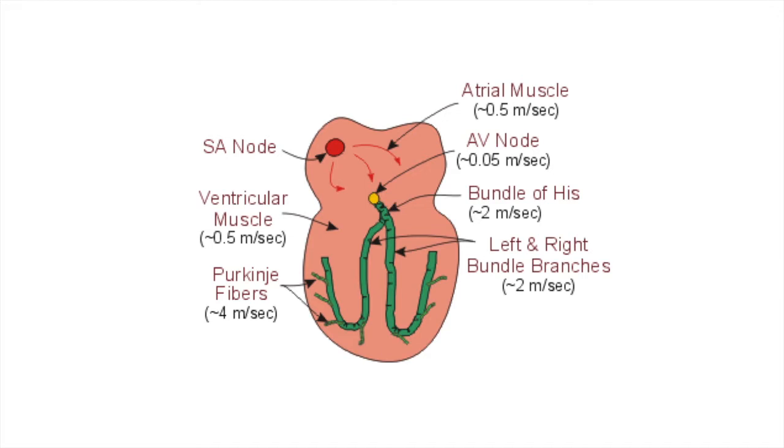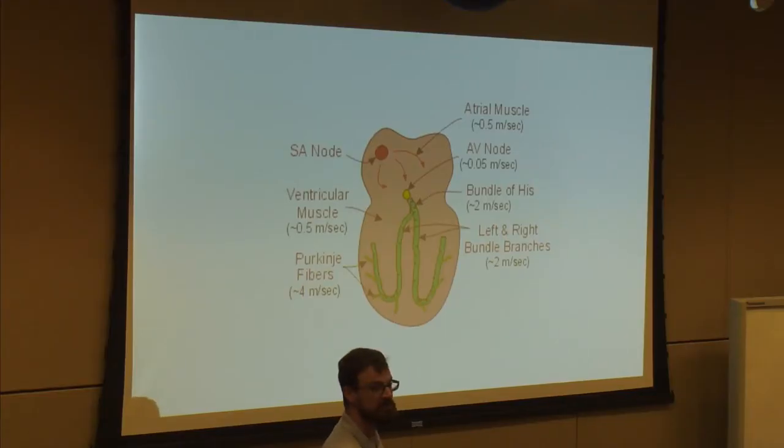And then I have this very rapid bundle of His, left and right bundle branches at about 2 meters a second, which is 4 times faster than muscle tissue, right? To the Purkinje fibers, which are 8 times faster than ventricular tissue, right? Followed by depolarization of ventricular muscle, which is as slow as atrial muscle.